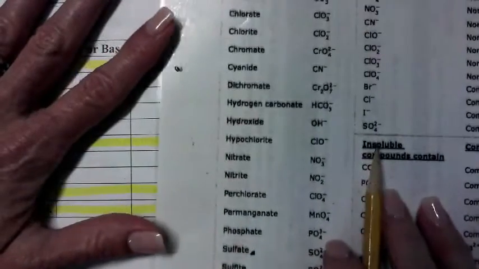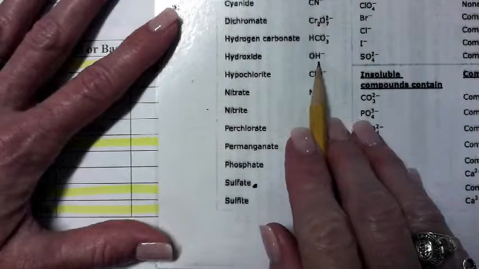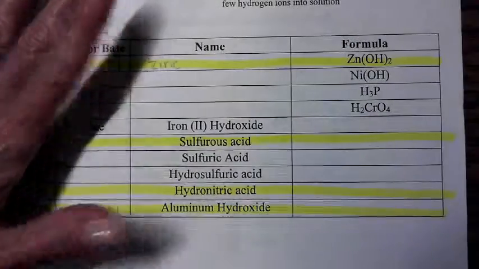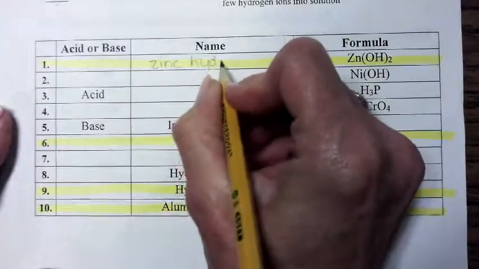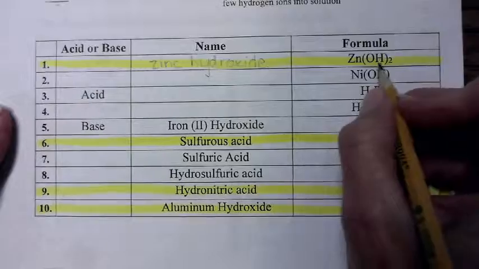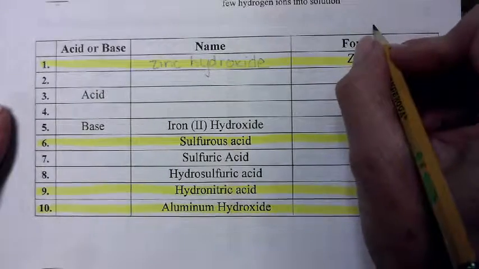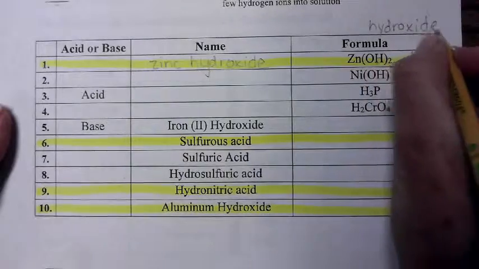OH is hydroxide right there. So when you see the OH, you'll write hydroxide. Bases will end with a hydroxide on the end. That would be a base.